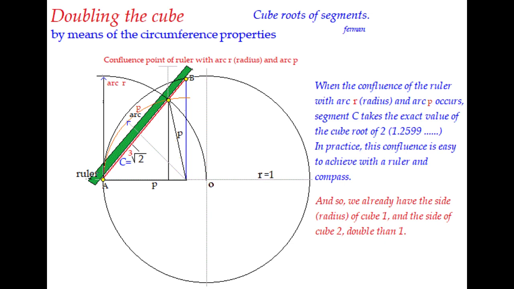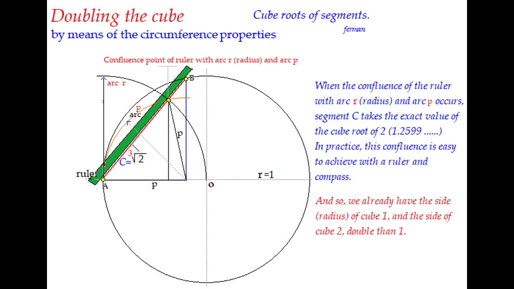When this formula, C times P, gives us the radius of the circle, 1, third element, then we measure C and see that it is exactly the cube root of 2, that is, the segment we were looking for. 1.259921 times 0.79370052 equals 1.